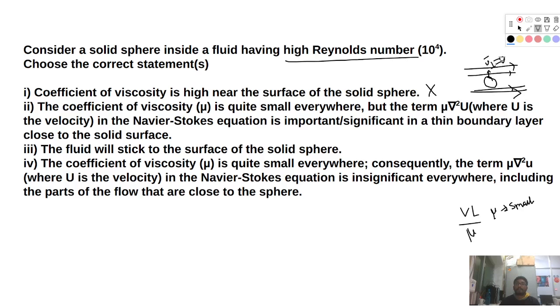This is 0. But the tangential velocity cannot be zero, right? There is a finite tangential velocity when you are considering the inviscid fluid. But when you are considering the viscous fluid, you are considering sticking, so to have sticking, you should not have any velocity in the tangential direction also.